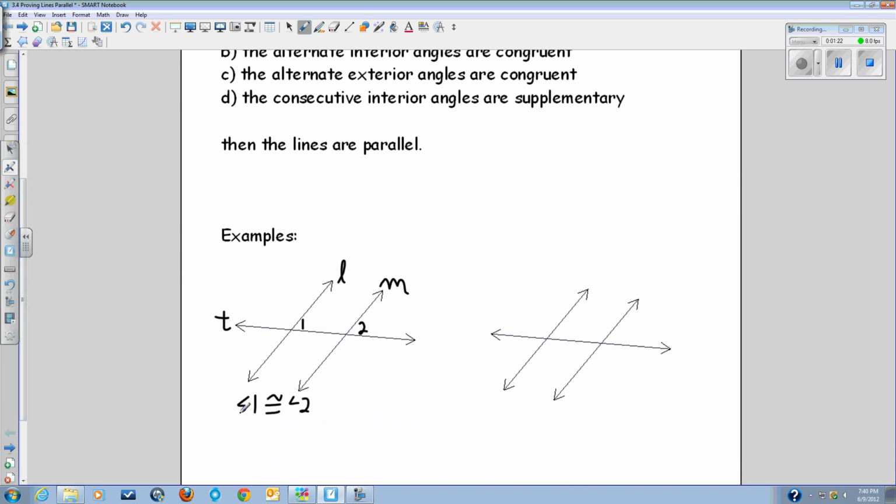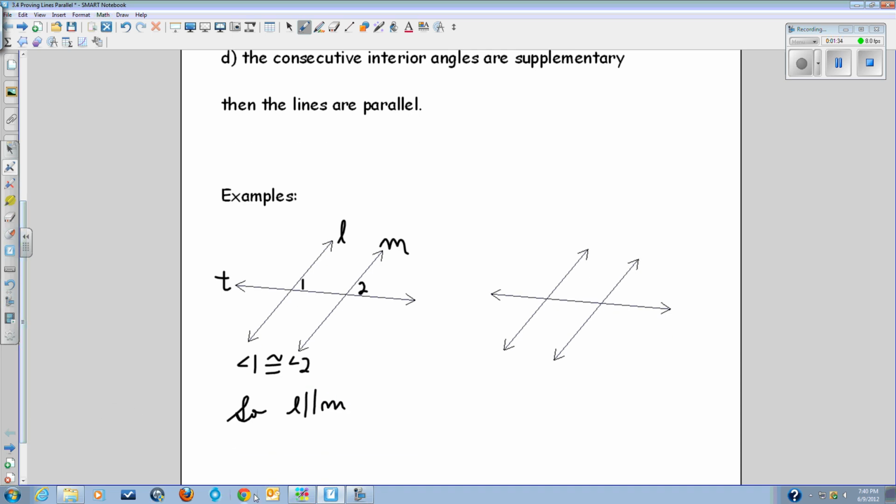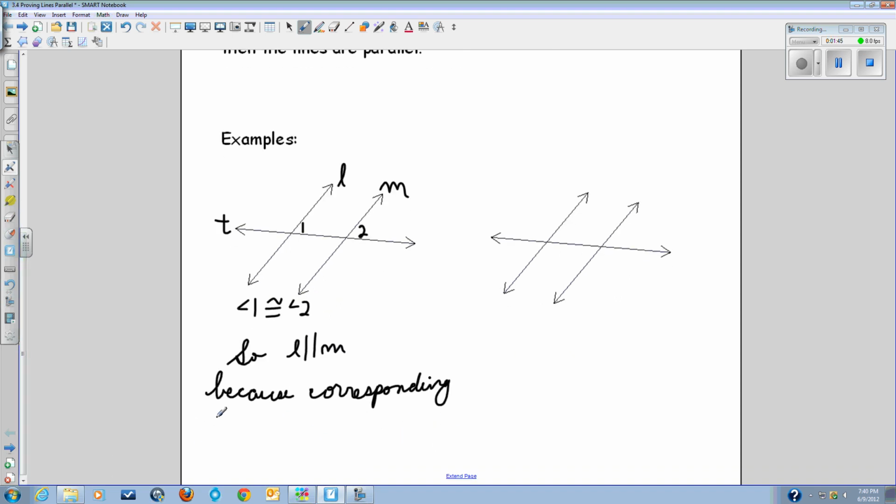So as long as angle 1 is congruent to angle 2, we can say line L is parallel to line M, because corresponding angles are congruent. And that's all we need to prove those lines are parallel.